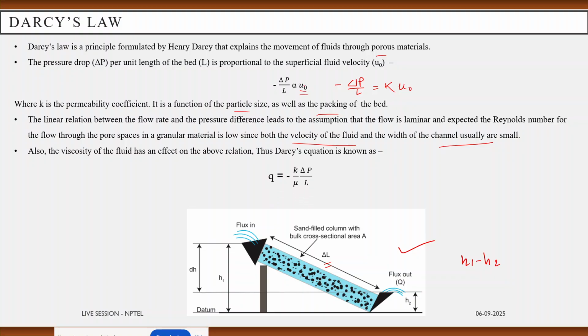So the final Darcy's equation is known as Q equals K by mu del P by L, where Q is the flux, K is the permeability coefficient, mu is the viscosity, and del P by L is the pressure drop per unit length of the bed material.